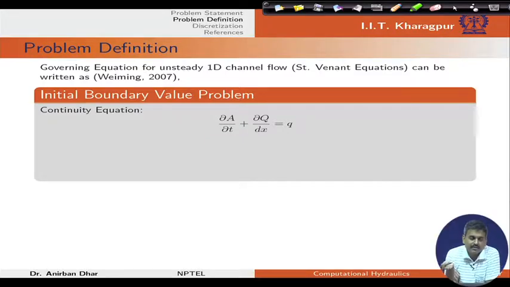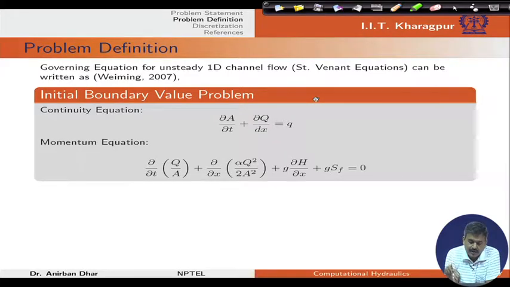So, problem is essentially, this is the governing equation for 1D channel flow, that is the Saint-Venant equations are required, one for continuity and one for momentum. This is an initial boundary value problem, and this is our initial condition.